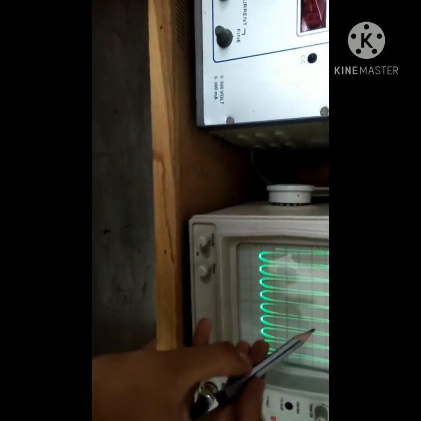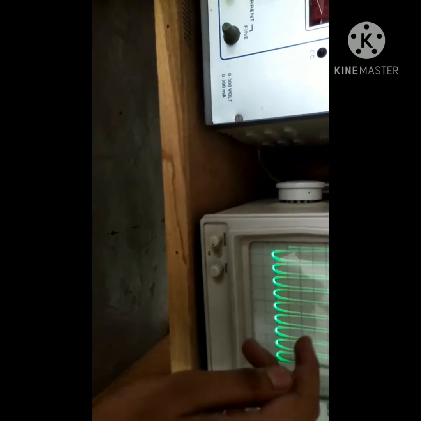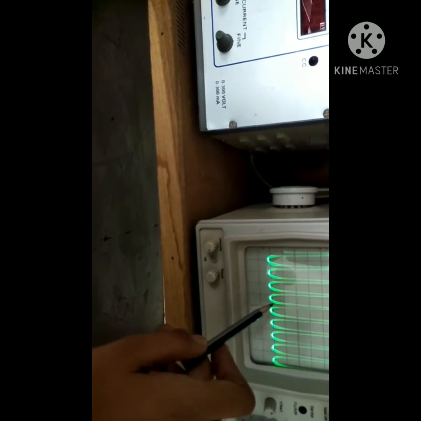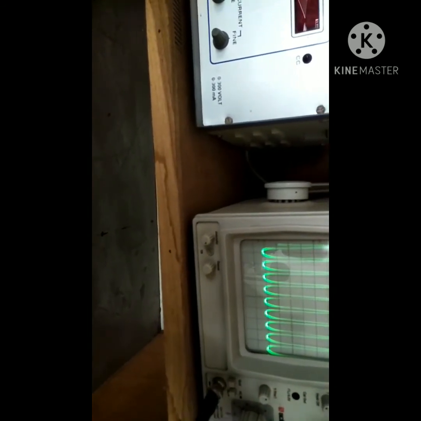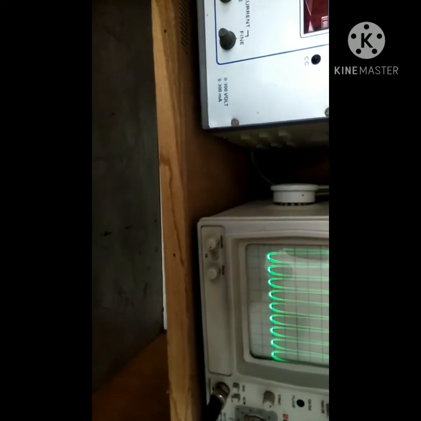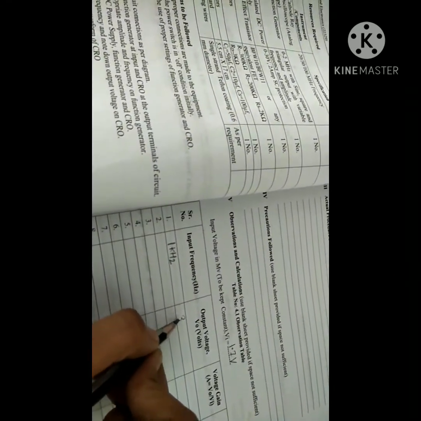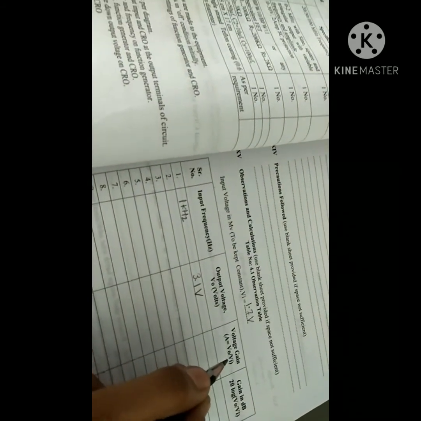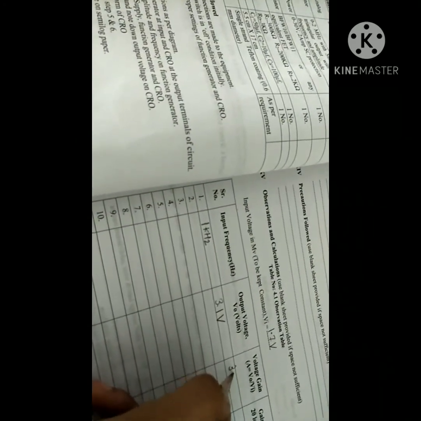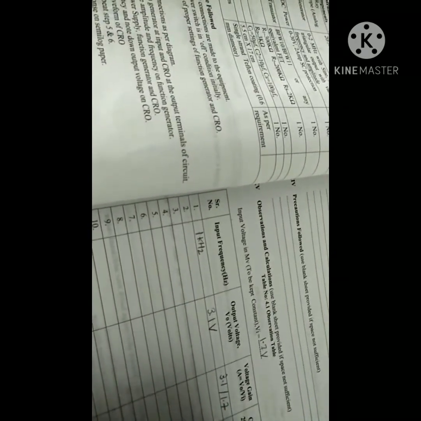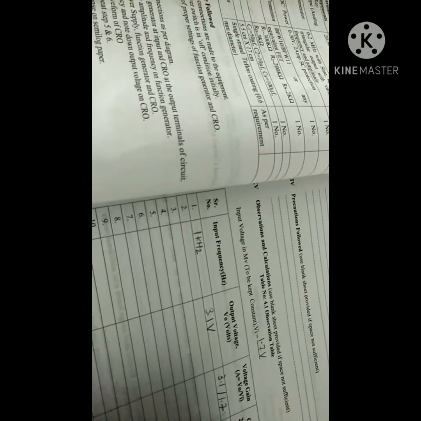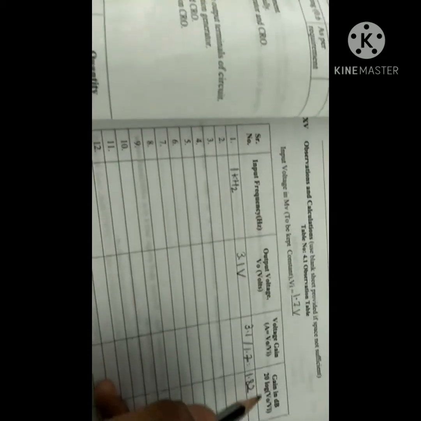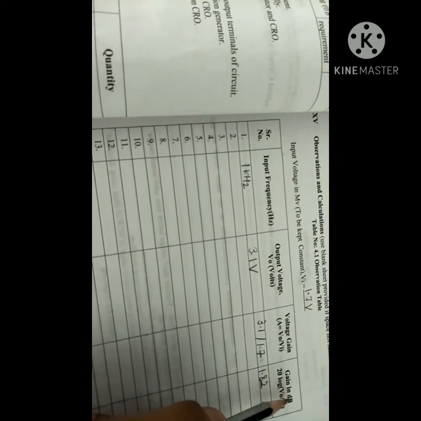Now the amplification is done and the output voltage is 6.2 into 0.5, which means 3.1 volt. The gain is output voltage divided by input voltage, that is 3.1 divided by 1.7, so the gain is 1.82.